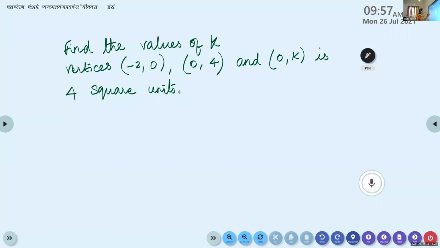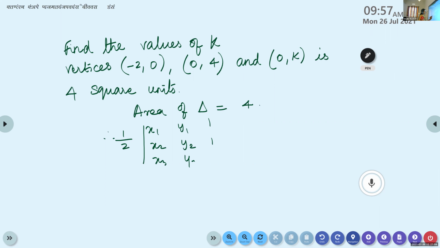Okay, so here the area of the triangle is given. Listen children, area of the triangle is 4. Therefore, half into determinant of x1, y1, 1, x2, y2, 1, x3, y3, 1 will be equal to plus or minus 4. It may be positive 4 or negative 4.